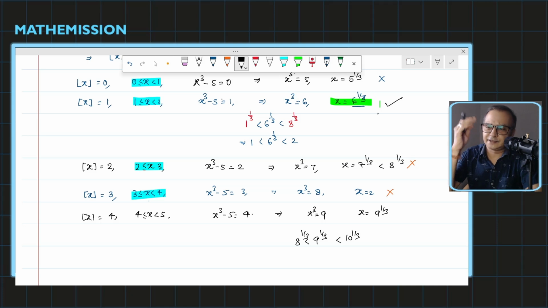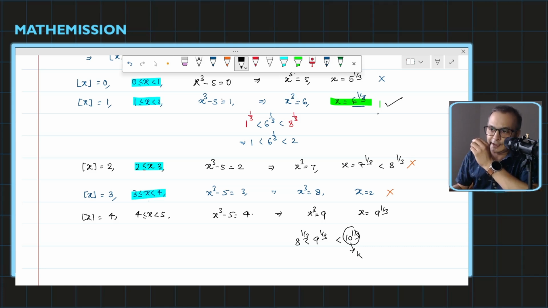But what is happening? This number is moving very slowly, but the integer is moving rapidly. So 10 to the power 1 by 3 is a number which will be multiplied 3 times to get 10. This is the meaning of 10 to the power 1 by 3.